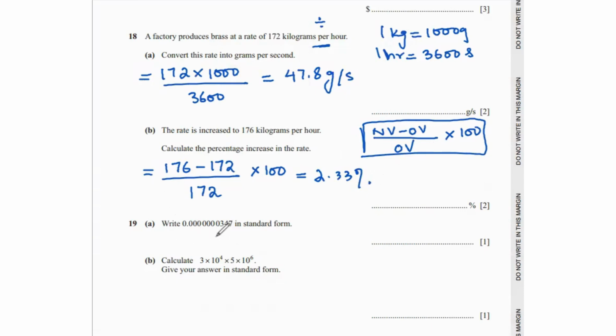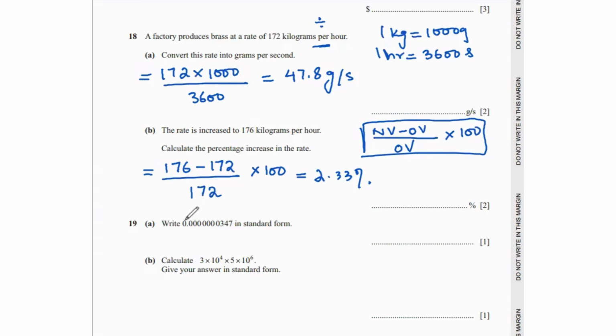Then it says write 0 point several zeros. I'm not going to read all of them. 3, 4, 7 in standard form. So when you're trying to convert a number in standard form, you have to make sure that the first number before the decimal is a non-zero digit. There's only one number before the decimal, and then you times it by 10 to the power of how many places you move the decimal.